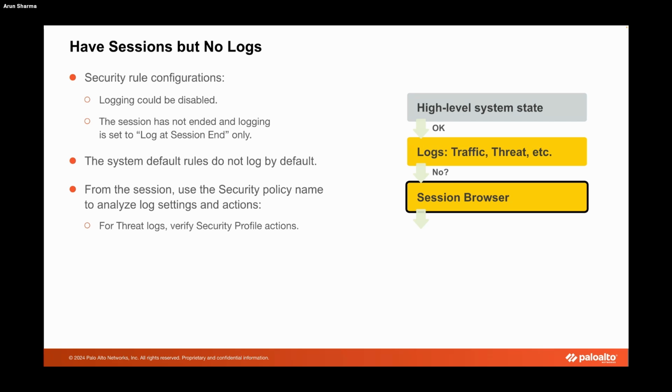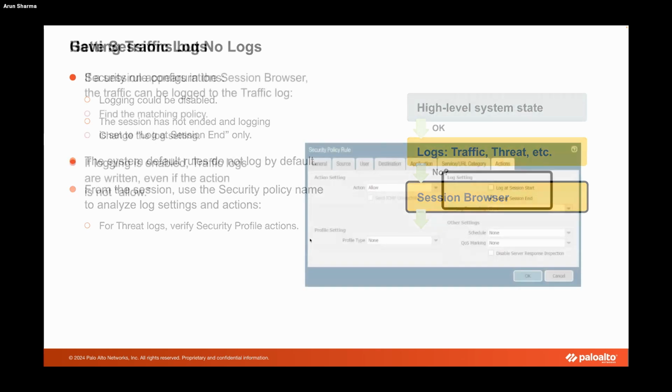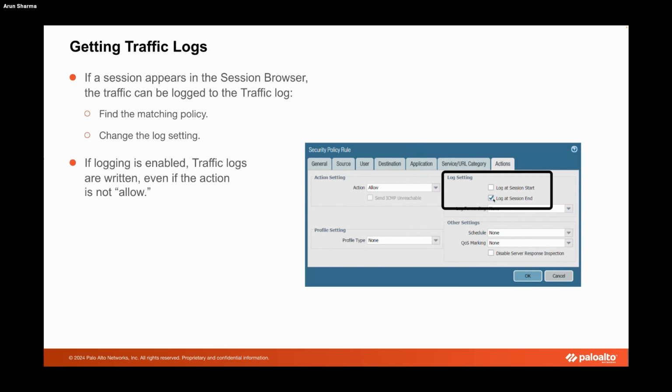Once you find the session record or traffic log, you can see whether the session was allowed or not allowed. You can also use cross-reference policy matches and evaluate why the traffic is getting matched and why it is not being logged. Okay, so this is the log session and this is the reason why we don't see the session when it's active.